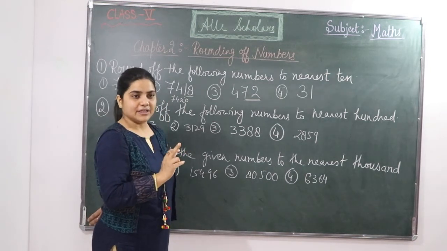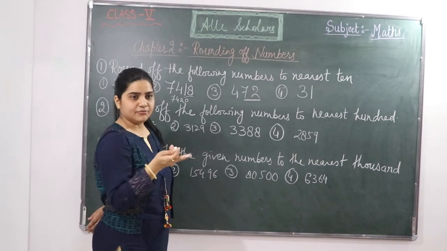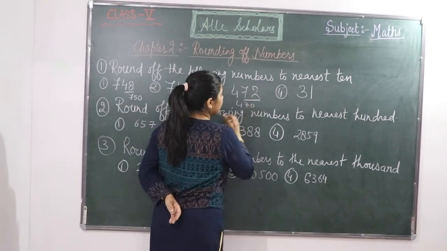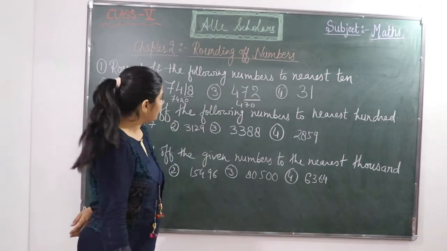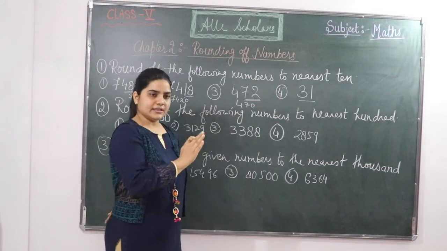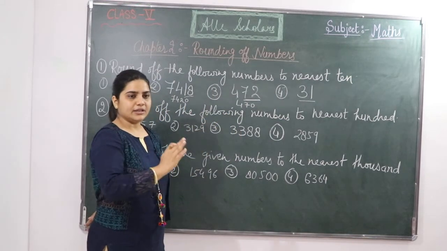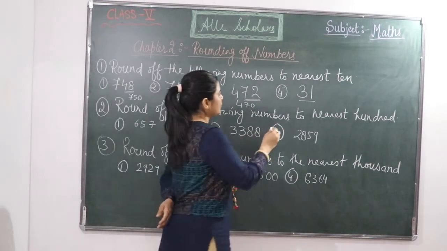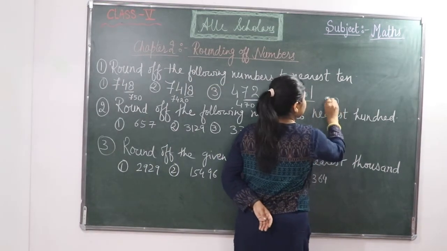It is 70. 80 is a bit far. So 470. Next is 31. 31 is nearest to which 10 number, 30 or 40? It is 30. 40 is far. So this will be 30.